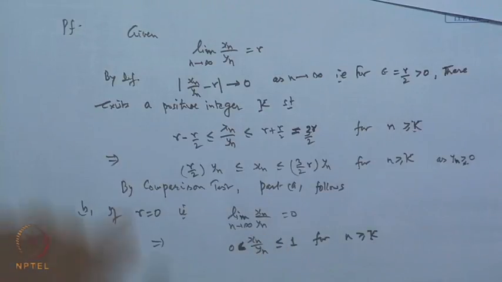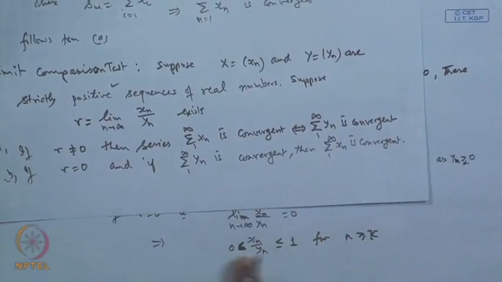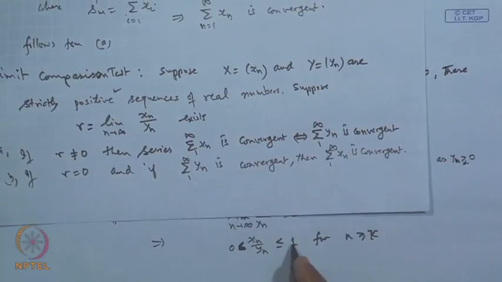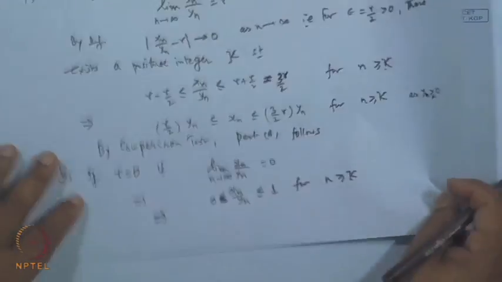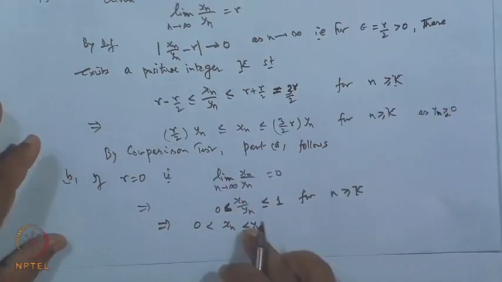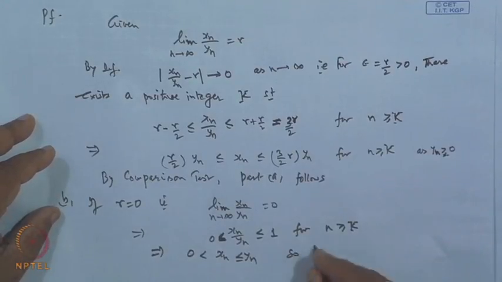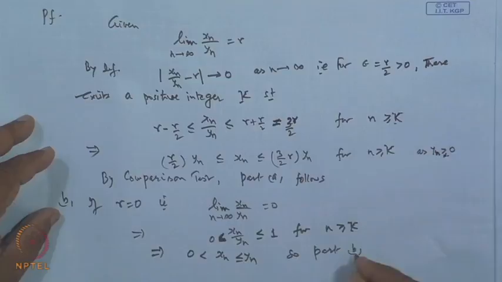Now, suppose sigma y_n is convergent. Multiplying by y_n, we get x_n is less than or equal to y_n. So if sigma y_n converges, sigma x_n will converge. So part B follows.